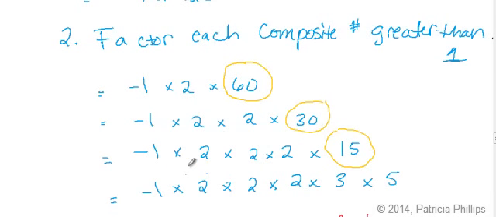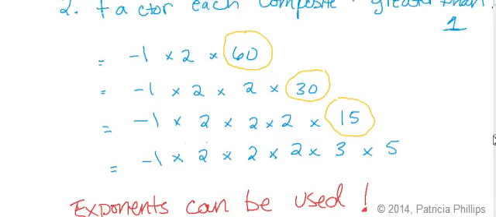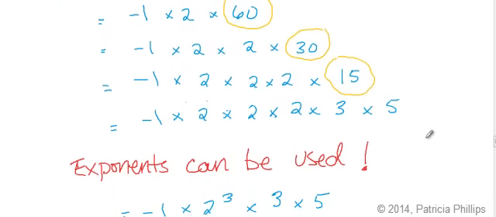We have a negative 1 times 2 times 2 times 2 times 15. Can we factor any more from the composite number? Yes, 15 is 3 times 5. So we will end up with a negative 1 times 2 times 2 times 2 times 3 times 5.